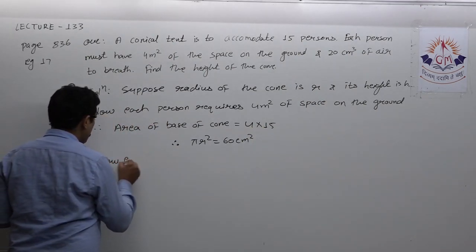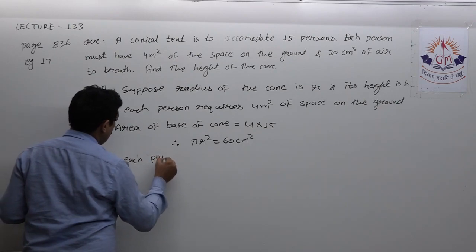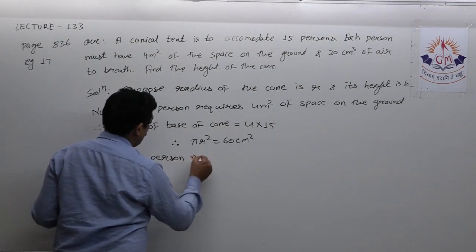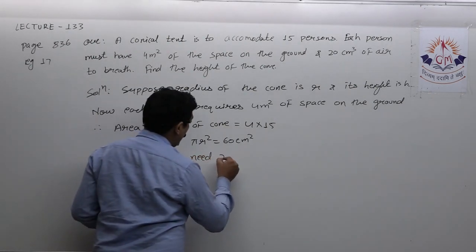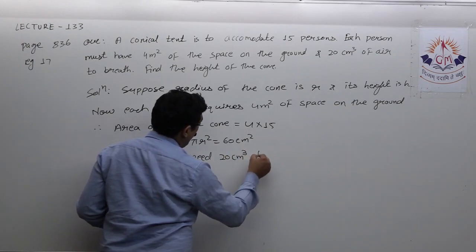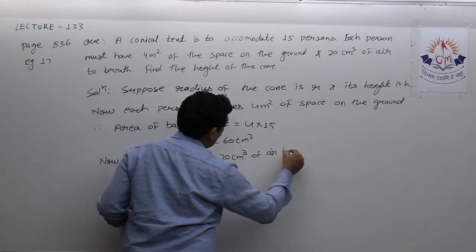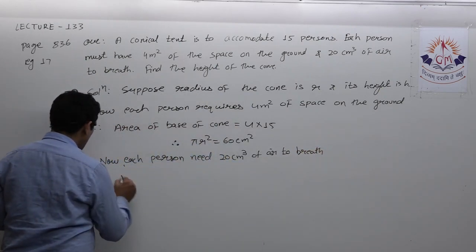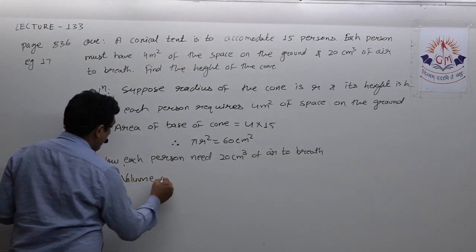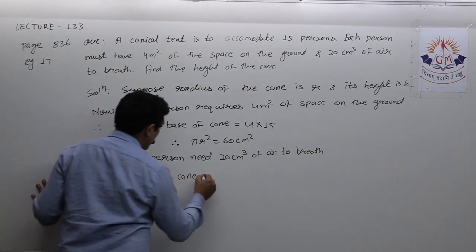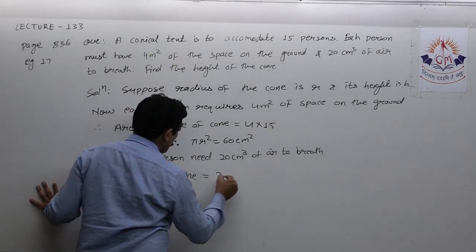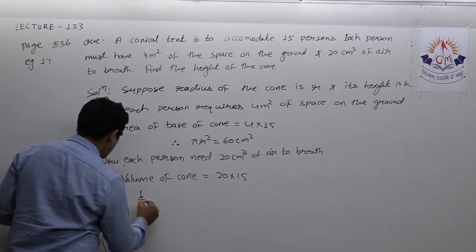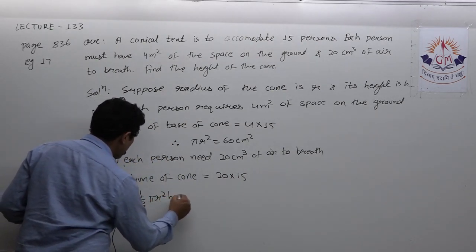Now each person needs 20 centimeter cube of air to breathe. Therefore volume of air in the cone, that is volume of cone, is equal to 20 multiplied by 15. Therefore 1 by 3 pi r square h is equal to 300.